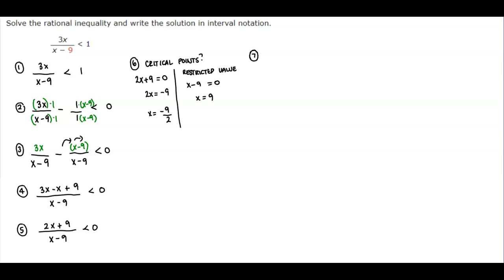Over here, I'm just going to draw the number line. We have 0, we have negative 9 halves, and then over here we have positive 9. Now we're going to create our regions. We know that we're going to have 3 regions here: region 1, region 2, and region 3.